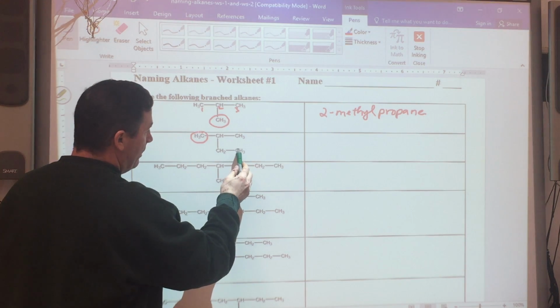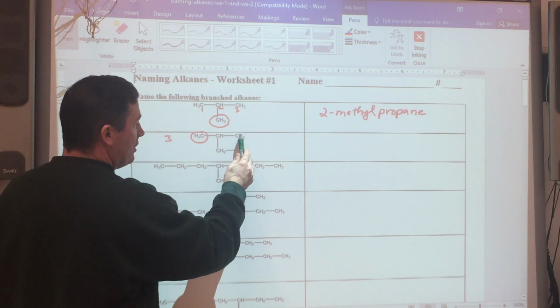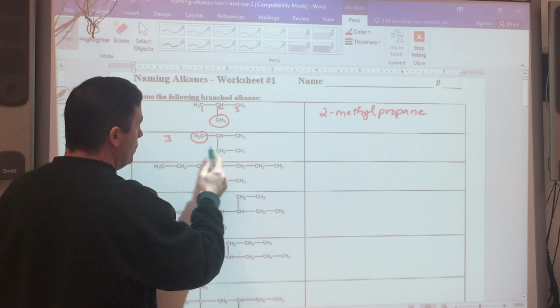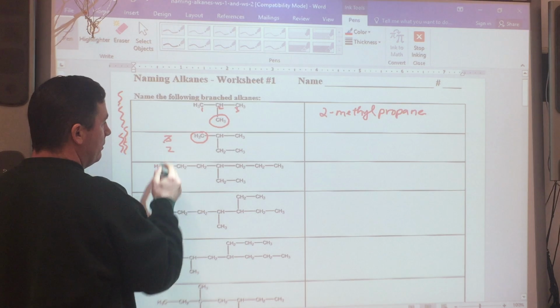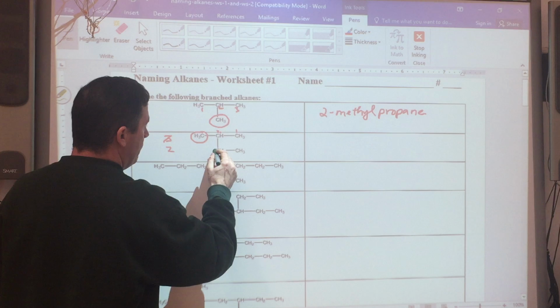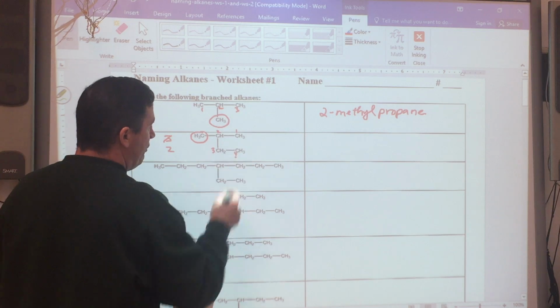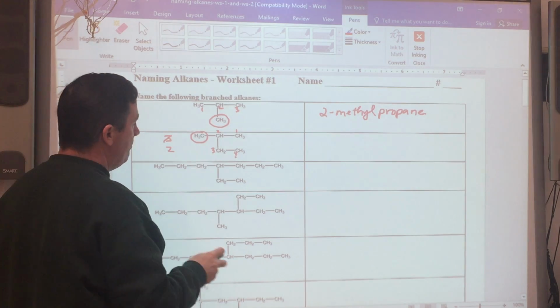If I start on the bottom, 1, 2, 3, that would make it a 3-methyl. If I start on the top right, that's 1, 2. That would make it a 2-methyl. I'm going to choose the one with the lower number. So I'm going to have 1, 2, 3, 4. And the group that's sticking off is a methyl group.